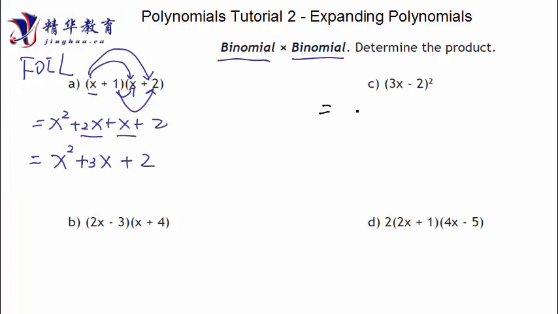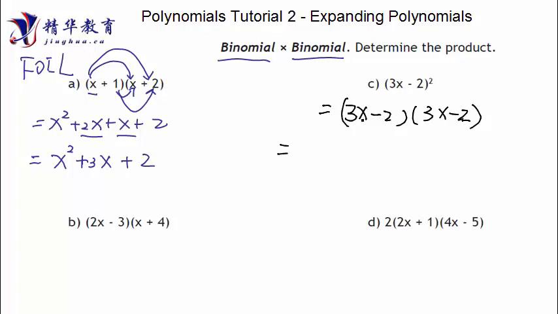So how do we do these questions? We can do an easy way and a hard way. Let's do the long way first. (3x minus 2) times (3x minus 2). The square means times itself twice, right?